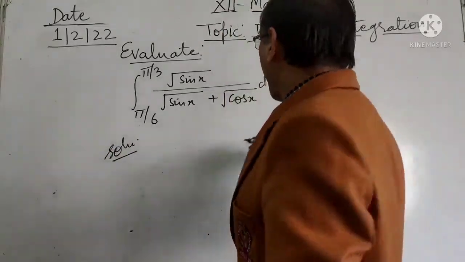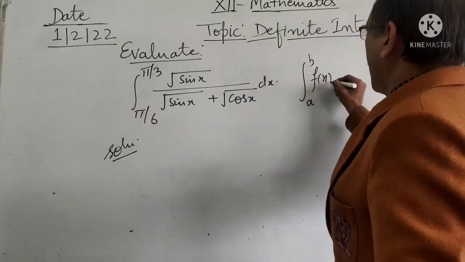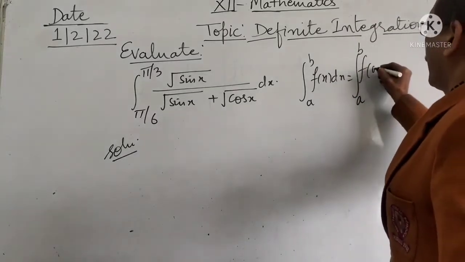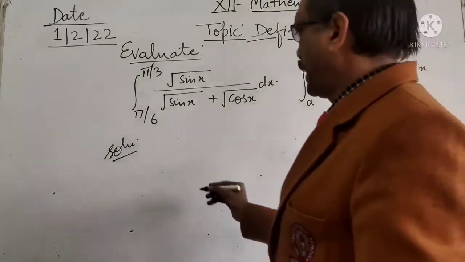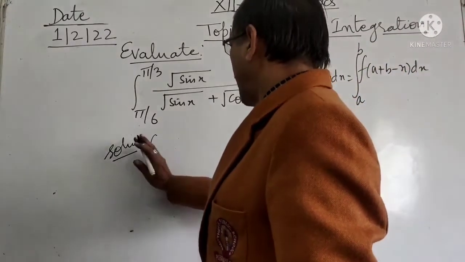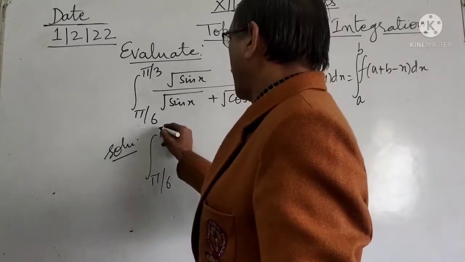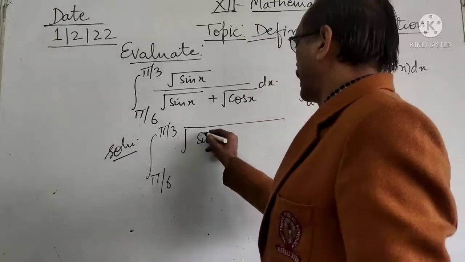Here we will apply the property integral a to b f(x) dx equal to integral a to b f(a plus b minus x) dx. So it is the limit pi by 6 to pi by 3 root sin.